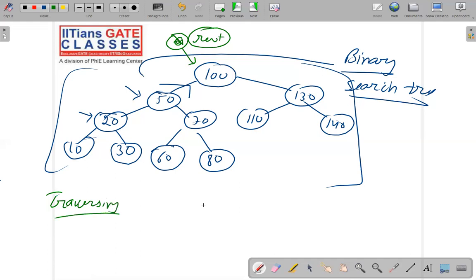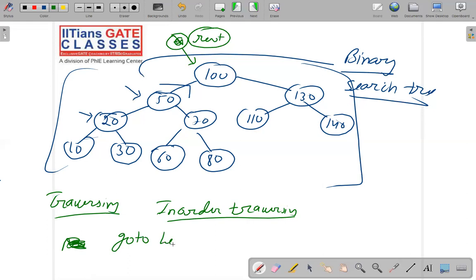So we are going to do traversing. Let's do in-order traversing. What is in-order traversing? In-order traversing is: go to left first, then print root, after that go to right.